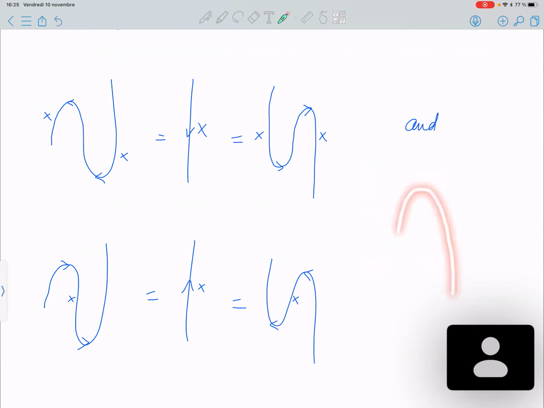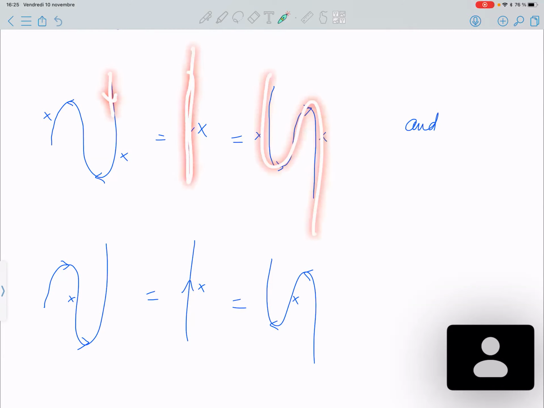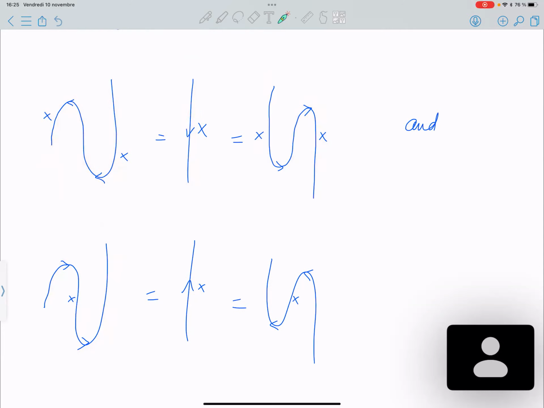They always go the same way. If you think about time, the particle moves in this direction, or here in this direction. And here it is also the same direction, from top to bottom, top to bottom, top to bottom. So there is a logic, this is coherent. Bottom to top, bottom to top, bottom to top.